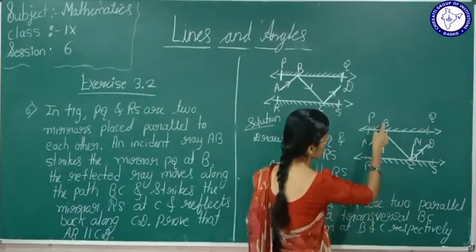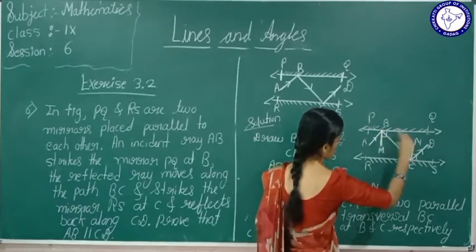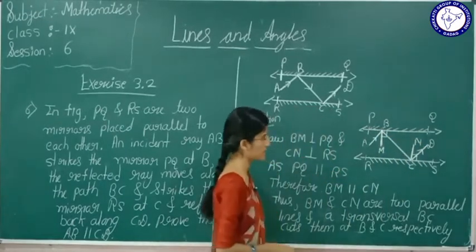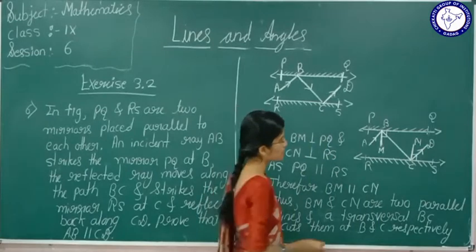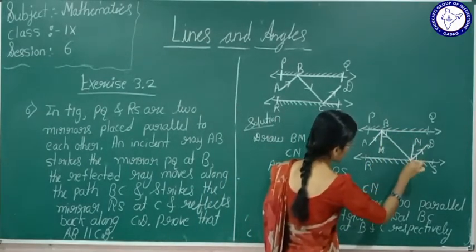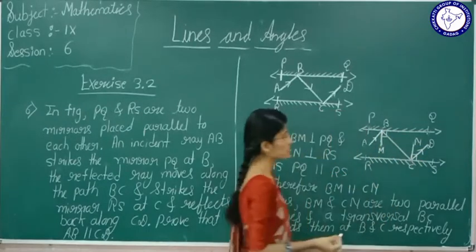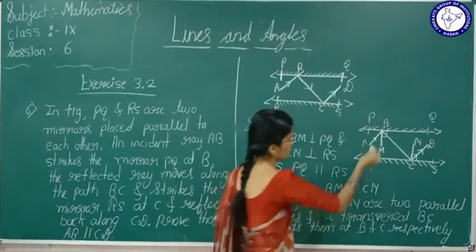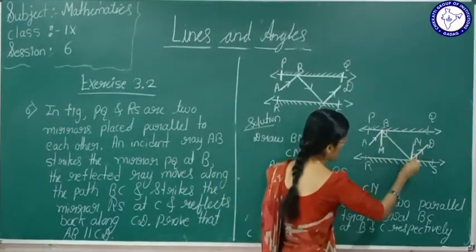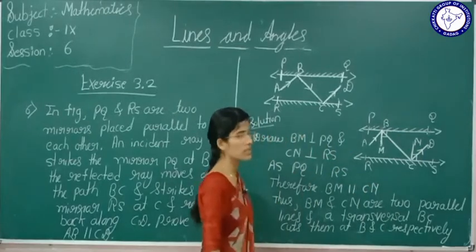Okay, if these two are parallel lines and we have drawn perpendiculars, definitely these two lines are going to be parallel. Okay, now see here BM and CN are two parallel lines, and this line is acting as a transversal. Once more I'll tell, BM and CN are two parallel lines, and this will act as a transversal.